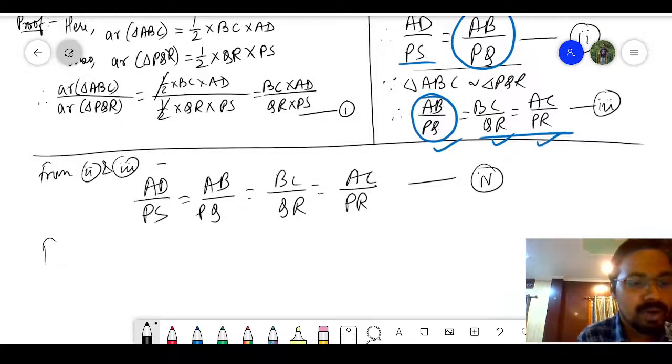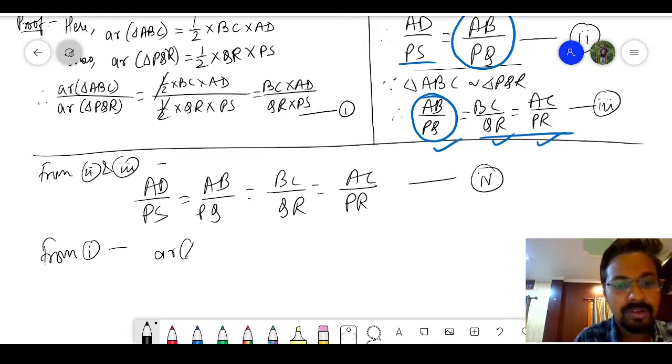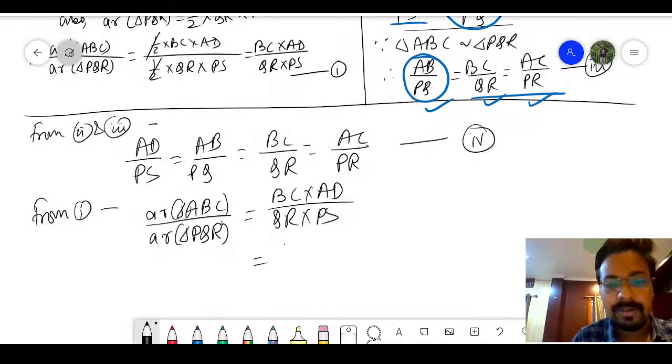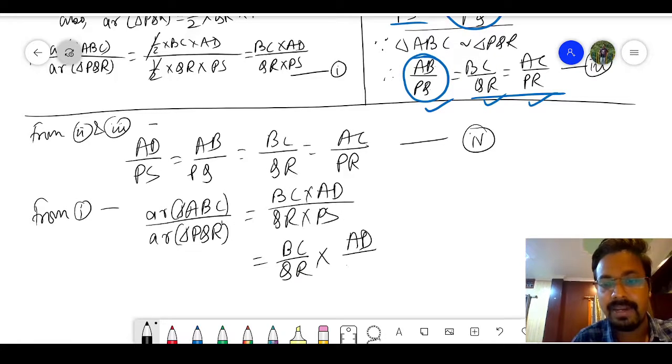From 1, whatever we have got, the area of triangle ABC by the area of triangle PQR is equal to BC into AD by QR into PS. We can write this as BC by QR into AD by PS.